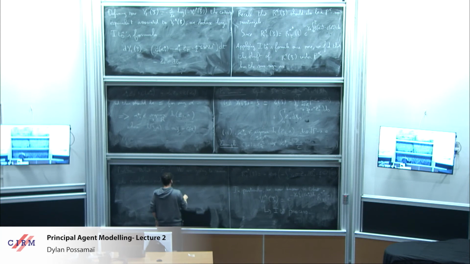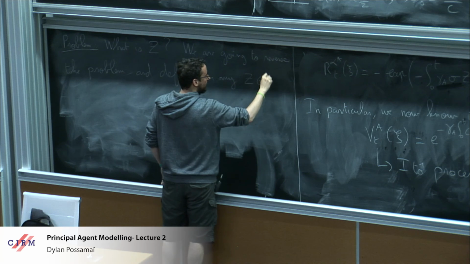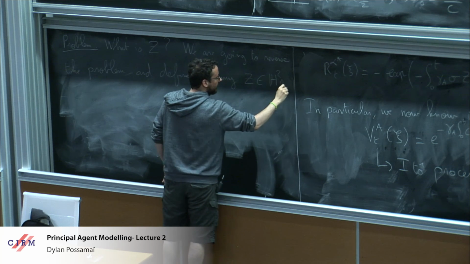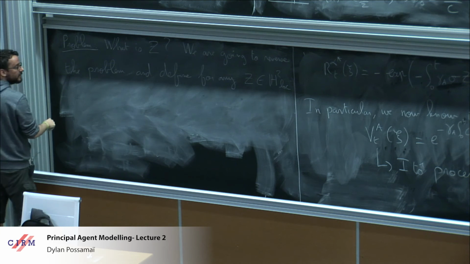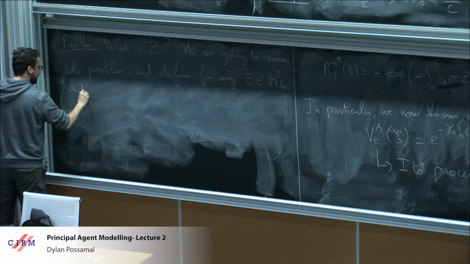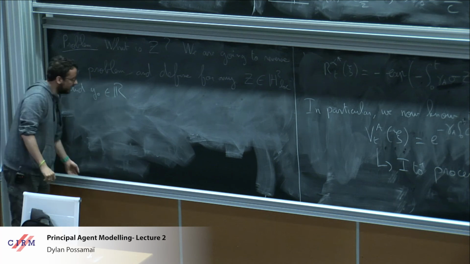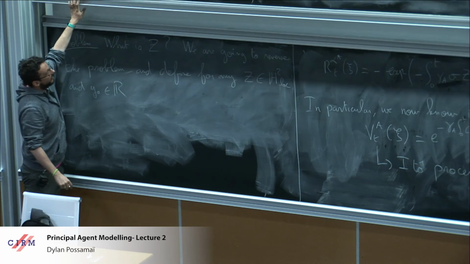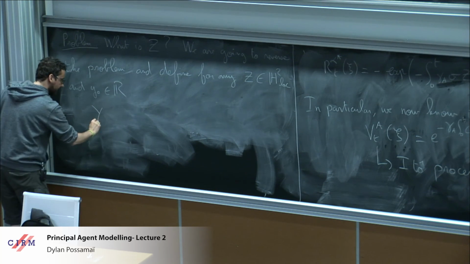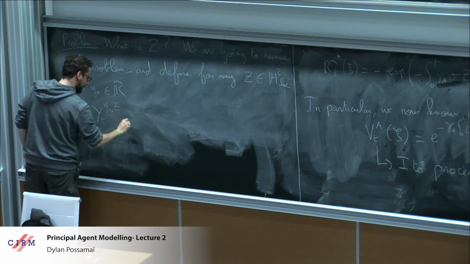And define: I take some z in H2 log, I take some y0 in R. I'm going to define now a process Y_t^{y0,z}.